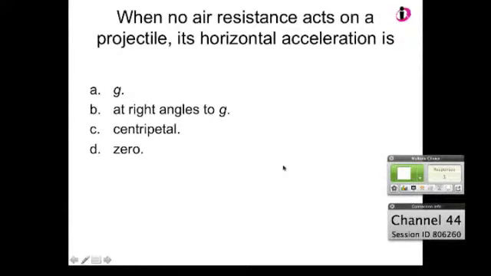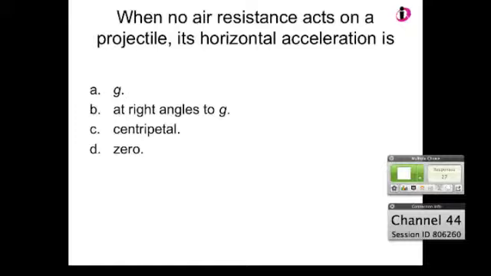There's the session ID. You can log in and start answering. Without air resistance, for a projectile, its horizontal acceleration is? You can still answer. I'll still get your responses even though you haven't registered yet.